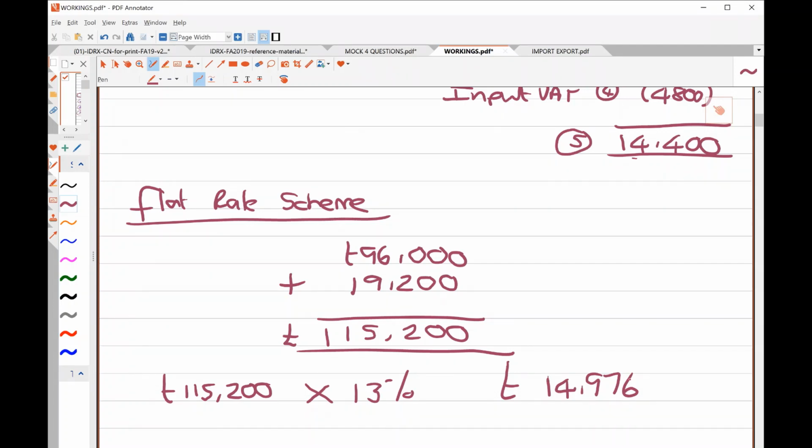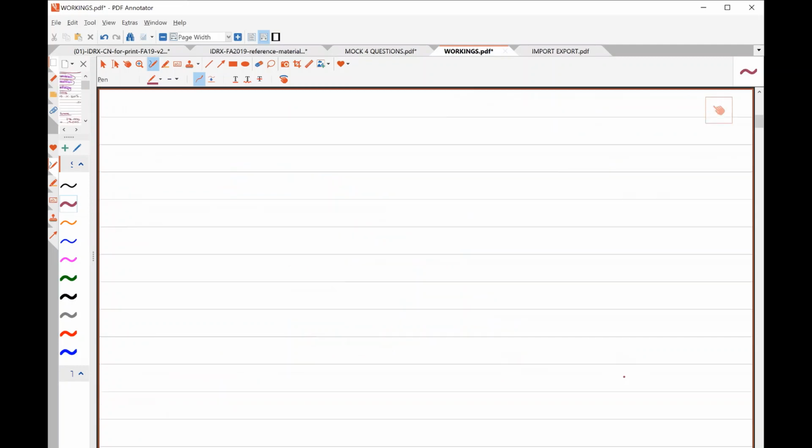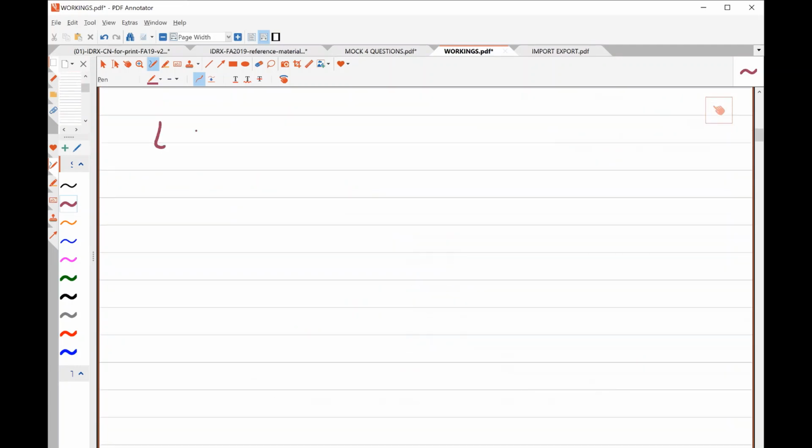Right. So what we need to do, first of all, and this is just because I know what this question is asking, I tend to look at both of those figures and find the difference. So if I've got 14,976 and 14,400, I would have an amount of £576.